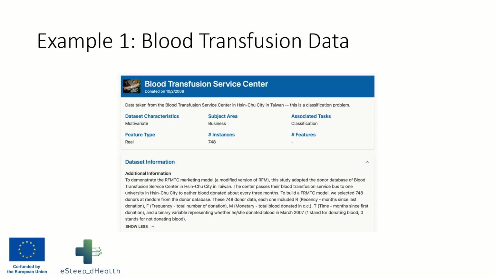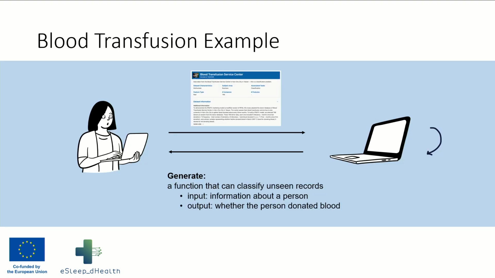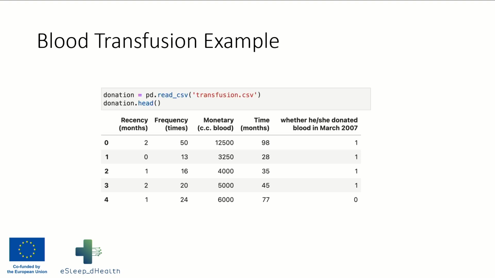So if we now take this example and go back to our formal definition, the input into the model is the data on the donators, and the output is the function whether a person will donate blood or whether they won't. And let's look at this data.